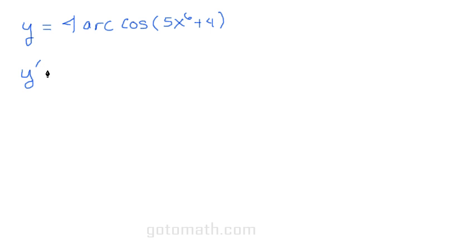So we have y prime, and that's what we want to find. Now we're going to use this. This is going to be important here, and that is arc cosine of x. And in the previous section, this was something that says you've got to commit this to memory.